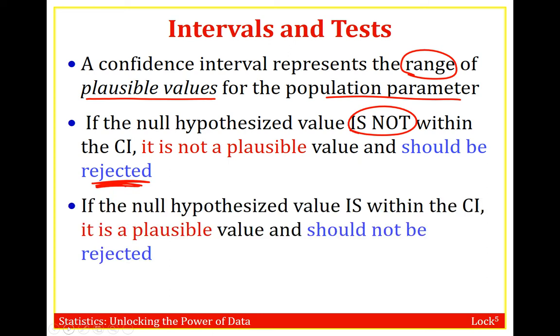If the null hypothesis value is within the CI, it is plausible and we should not reject it. Remember, we're judging the null hypothesis, the nothing going on, against a confidence interval level that we have gained by bootstrapping.